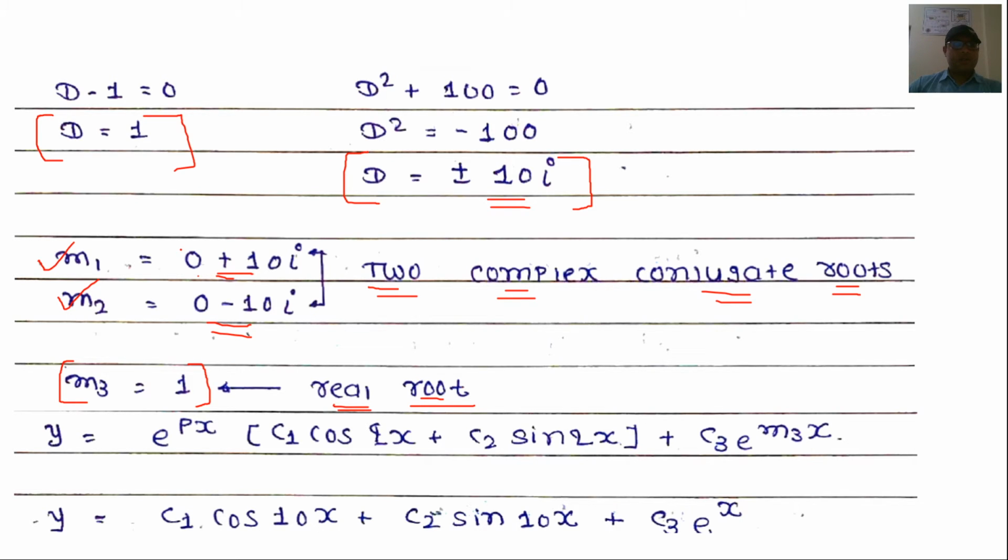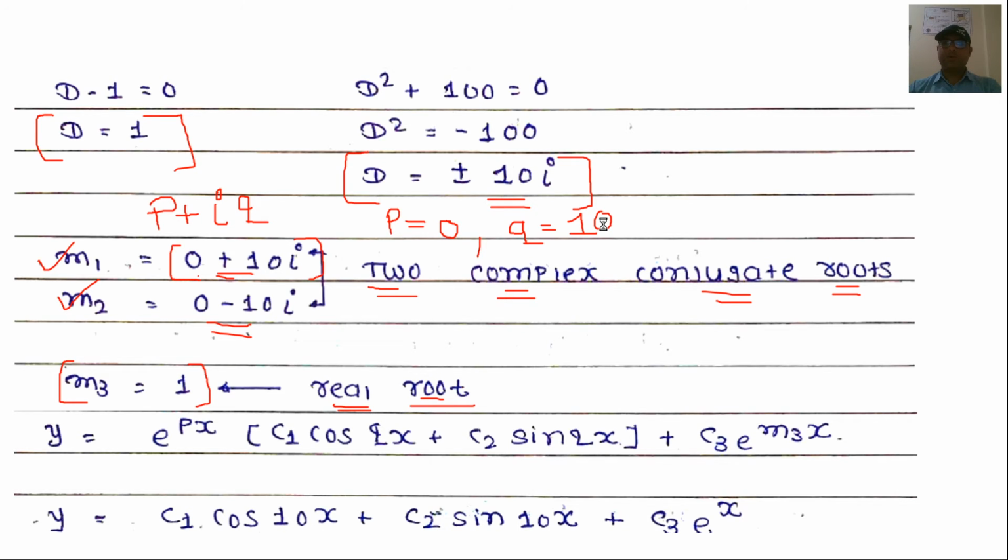First of all, compare m1 with p plus iq, so you will get p is equal to 0, q is equal to 10.